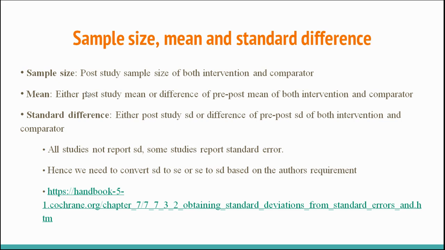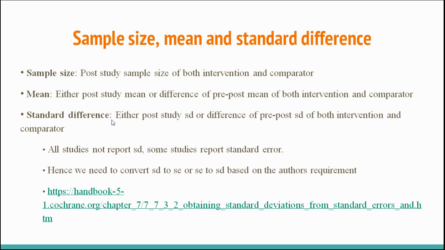So a few authors will only take the post intervention HDL level. Some authors take the difference of pre and post. So it depends on your methodology, what method you are going to follow. Similarly, for the standard deviation, the author will take the post intervention standard deviation, or the difference of the standard deviation.